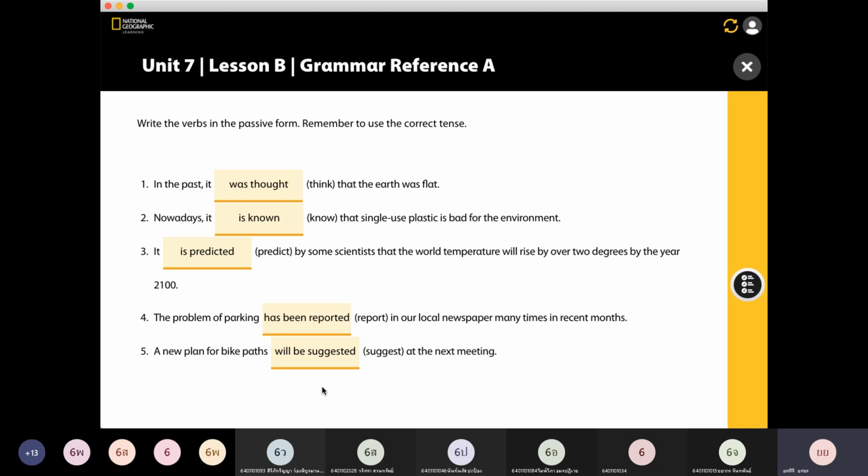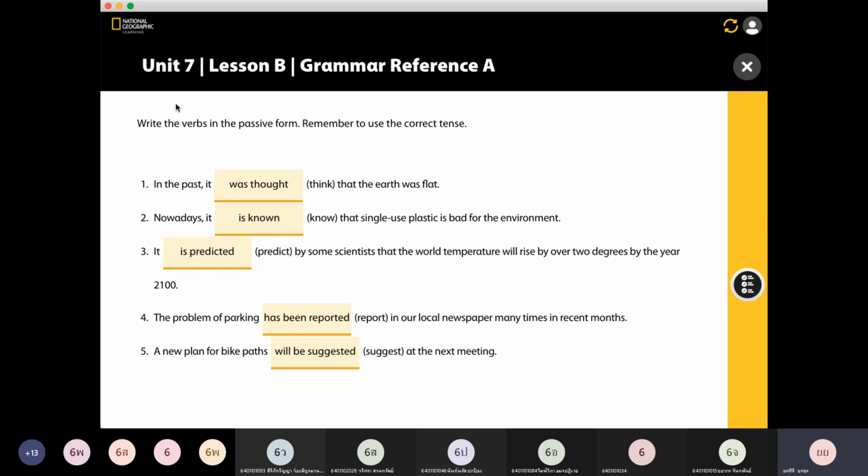In some cases you can just use the present continuous, that's fine.